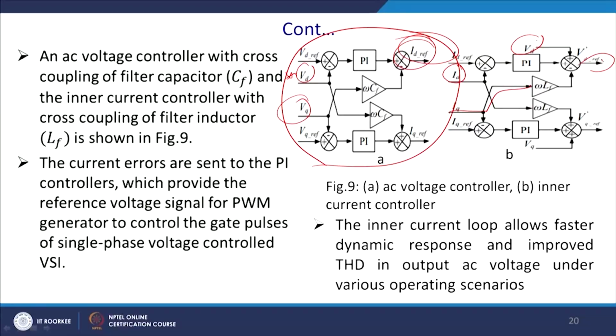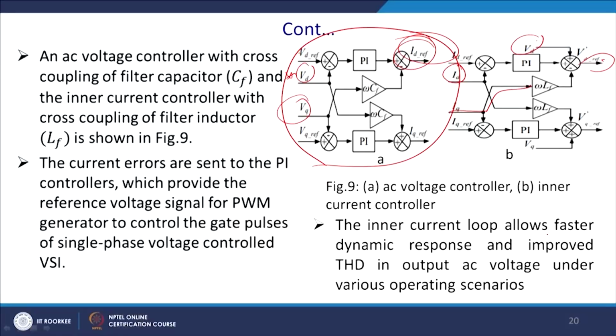So, this VDF reference will be fed here. Similarly, the same for the VQ. This is the explanation of the current control voltage source inverter, and the inner current control loop allows faster dynamic response and improved THD in the output voltage under various operating conditions.